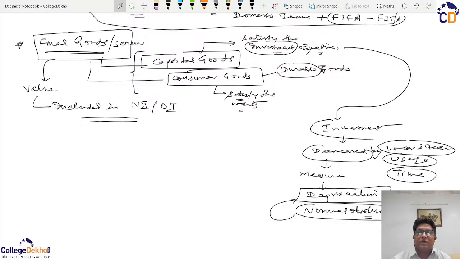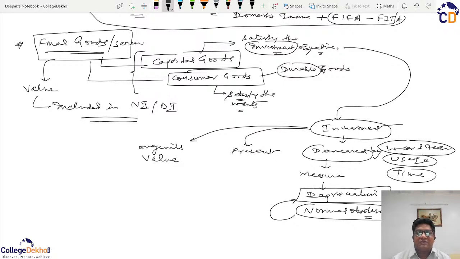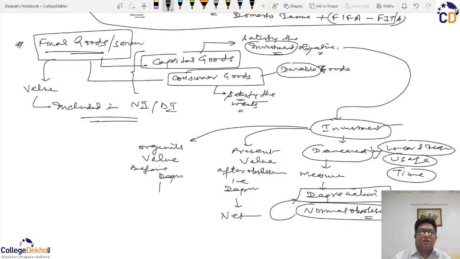And therefore, if we charge the value of the investment originally, that is without depreciation, or we can charge the value at present, that is the present value after the obsolescence. So this present value is after obsolescence, that is after depreciation, and we use the word net value, and this value is before depreciation, and hence we use the word gross.